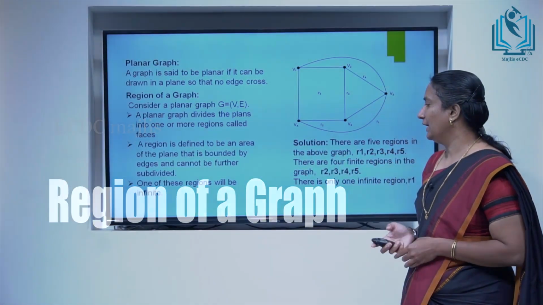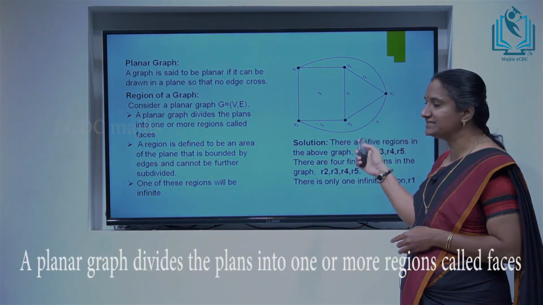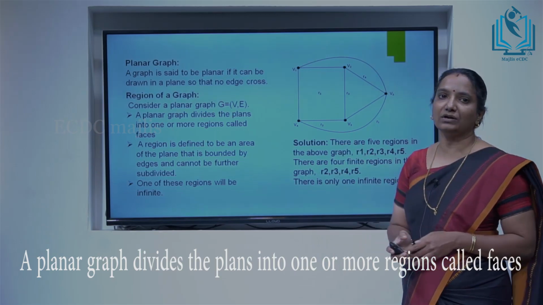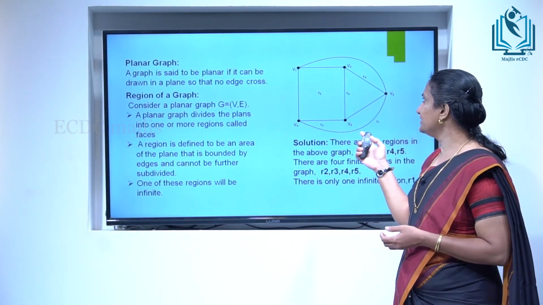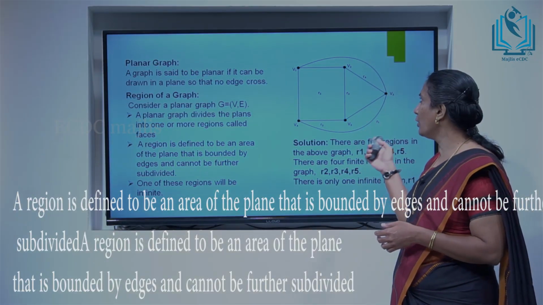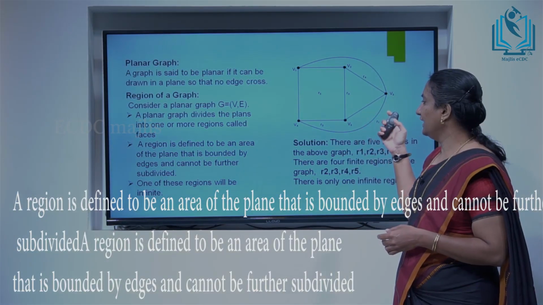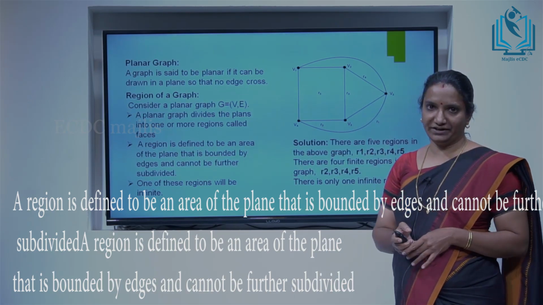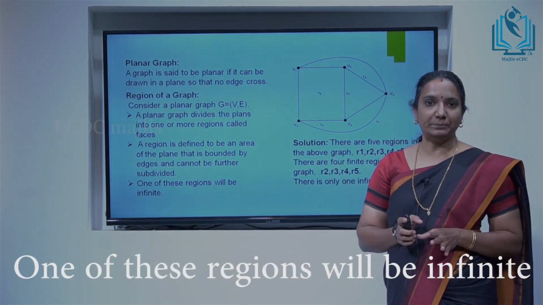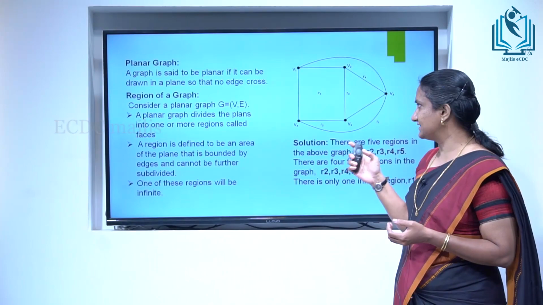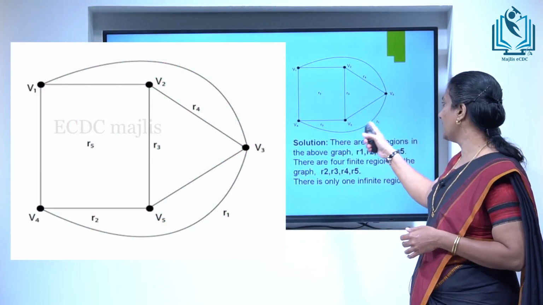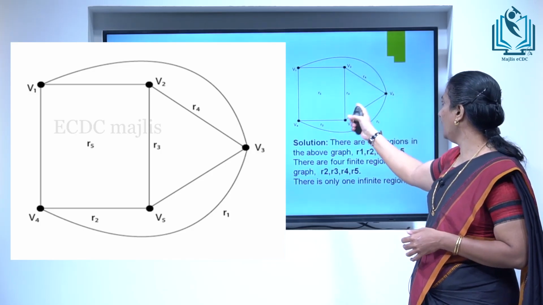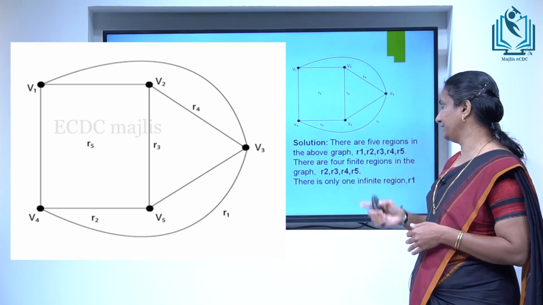Region of a graph. A planar graph divides the plane into one or more regions called faces. A region is defined as the area bounded by the edges and cannot be further subdivided. One of these regions will be infinite. For example, in our graph, there are 5 regions R1, R2, R3, R4, R5.